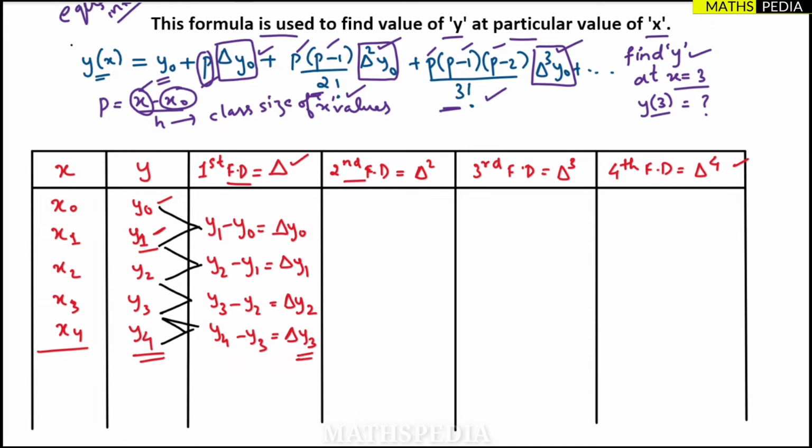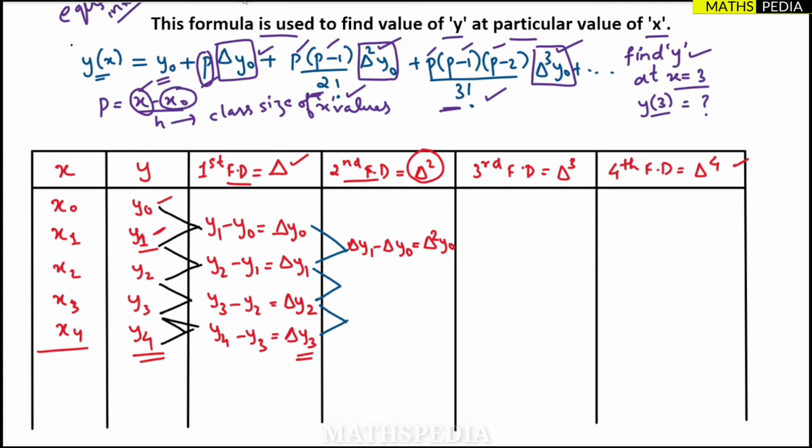Now the second forward difference will be, again you have to take the difference of first and second, second and third, third and fourth, like that. So lower minus upper, delta y1 minus delta y0, that is nothing but delta square y0. This will be delta square, not delta.